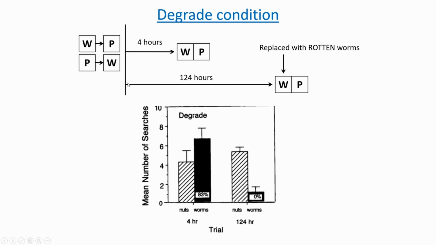4 hours. However, after 124 hours, the worms were removed and replaced with rotten worms, worms that weren't fit for eating. And very quickly, when the birds were tested after 124 hours, very few of them went for worms, and most of them went for nuts.